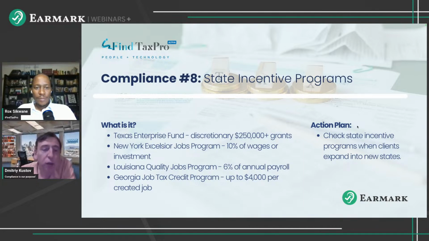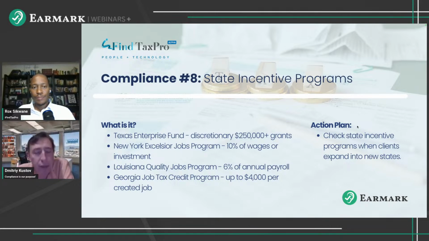Then New York, the Excelsior Jobs Program. They basically give you 10% of wages or investment when you create a minimum level of jobs in New York State. I also find it fascinating. It's 10% of wages. It can be a good amount of money.